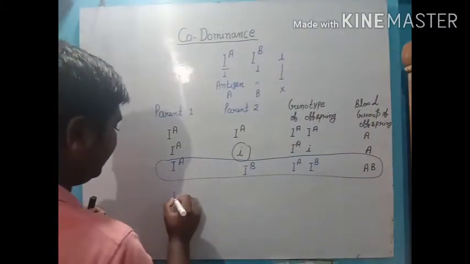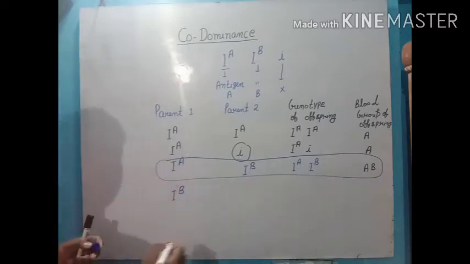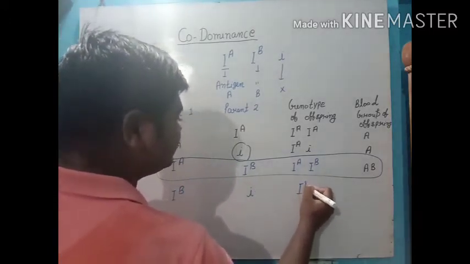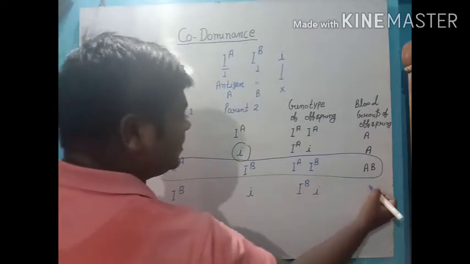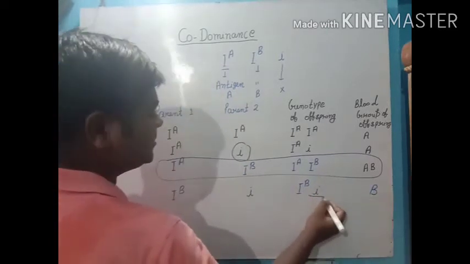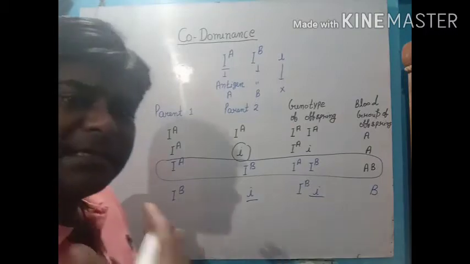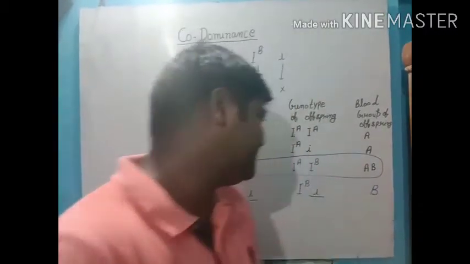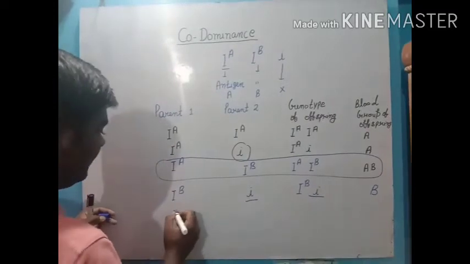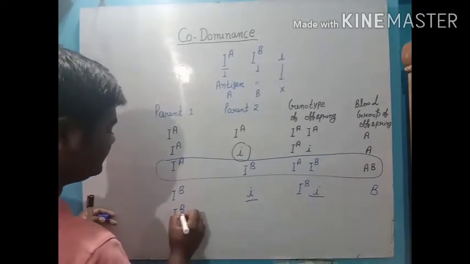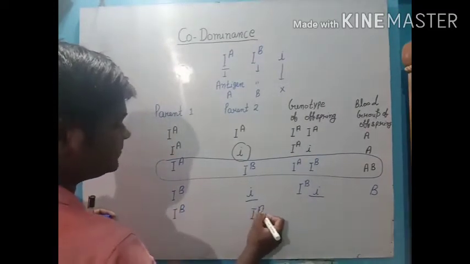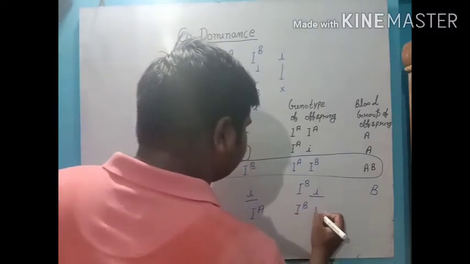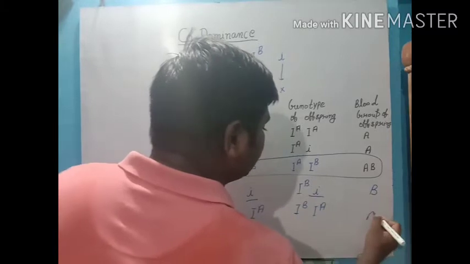When we have here B, what is the genotype, what is the blood group? Because this one is recessive, it will not express. That is the concept, we already know that. And whenever we have this one, what is the genotype and what is the blood group?